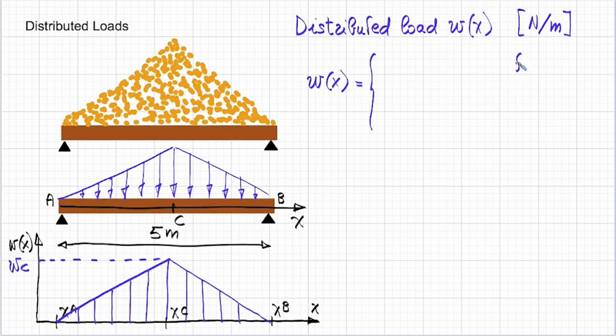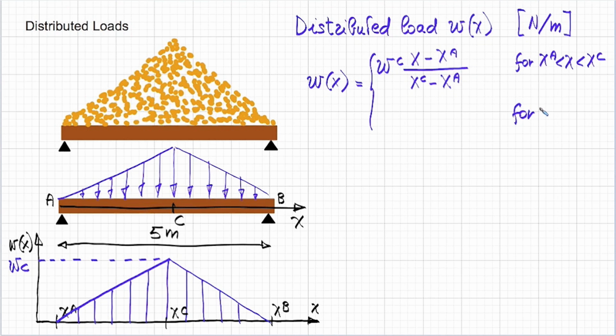So now we can define the function w of x in terms of these coordinates. We can write that between a and c, w of x is going to be wc that multiplies x minus xa over xc minus xa. So doing this, we see that this is going to be a function that is linear in x, increasing with x, is going to be 0 when x is equal to xa, and is going to be wc when x is equal to xc.